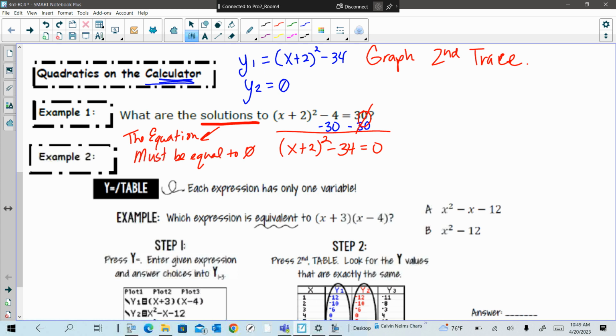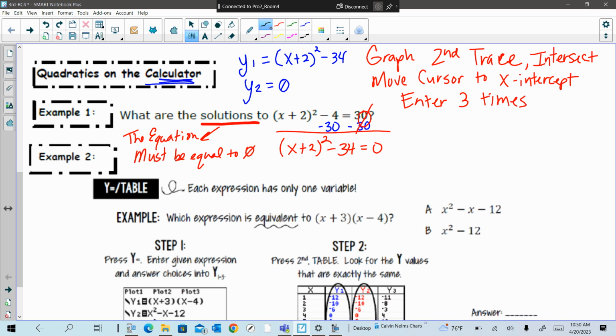Second trace, intersect, okay, and then move cursor to x intercept. Enter 3 times.